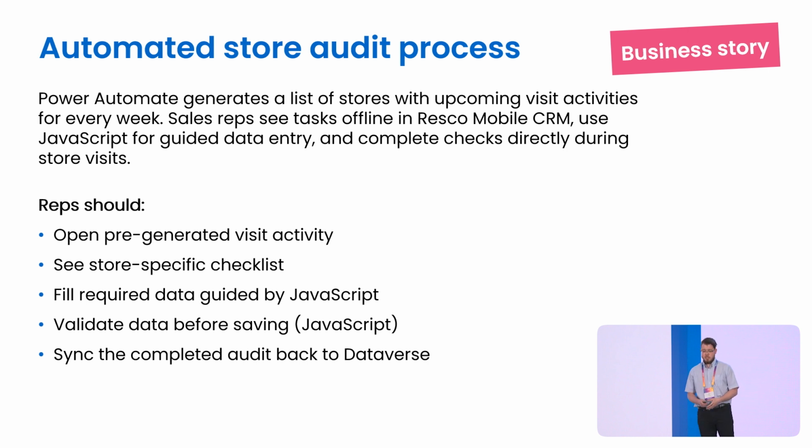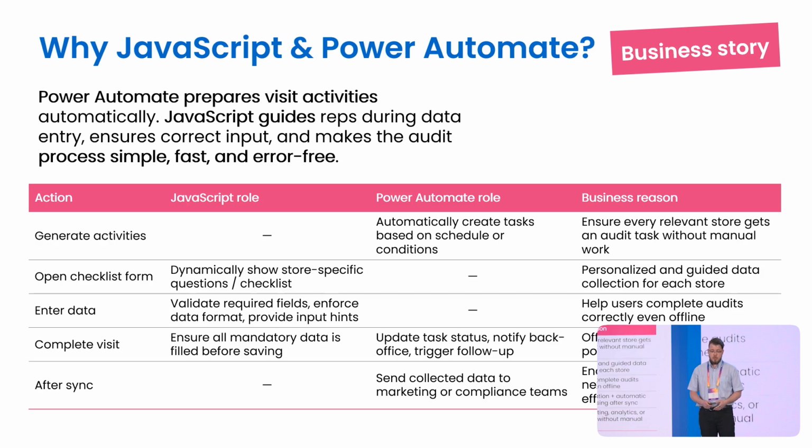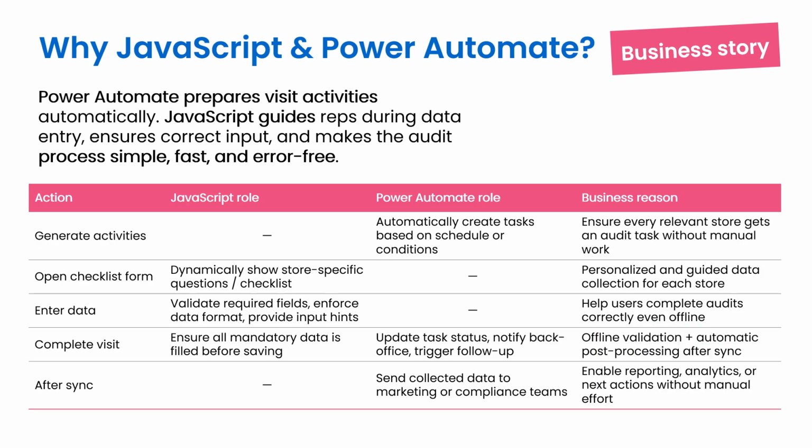And this is the place where we are using Power Automate in the background. We have a scheduled flow in the system, and every day we are generating the appointments and the questionnaires which are valid for the appointment.